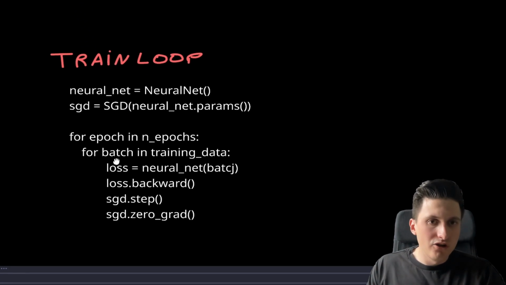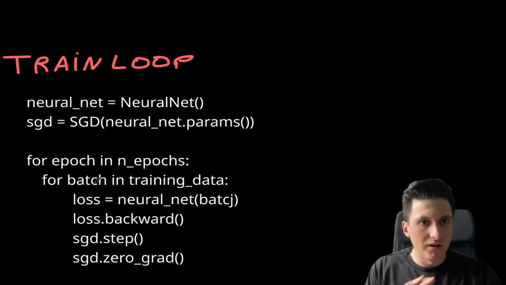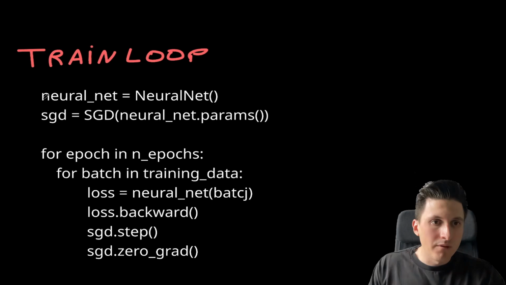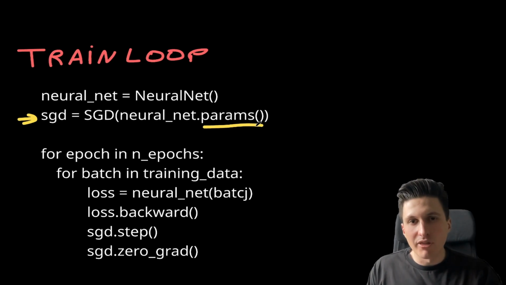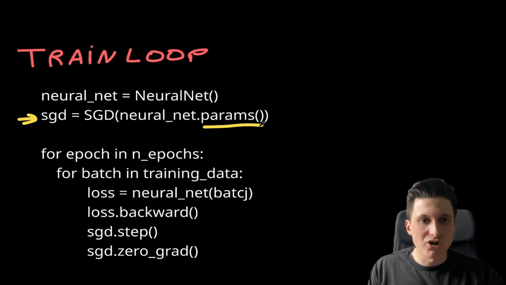And our training loop, if you want to know how all of this fits together, will also be very simple. We first define a neural network. We define an optimizer, which has access to all the parameters of our neural network, so all the tensors we actually want to move the weights of.